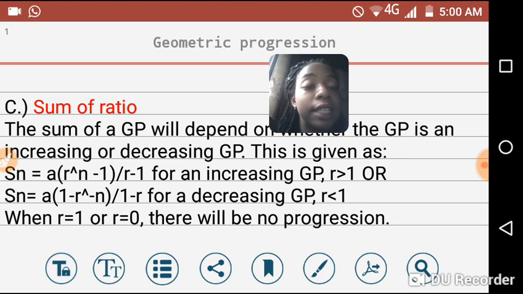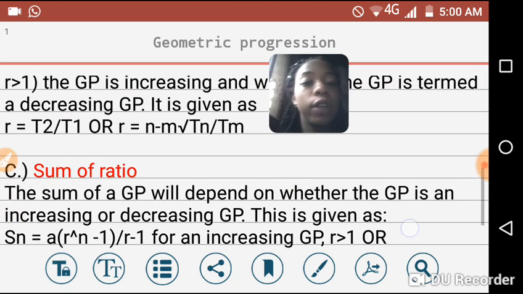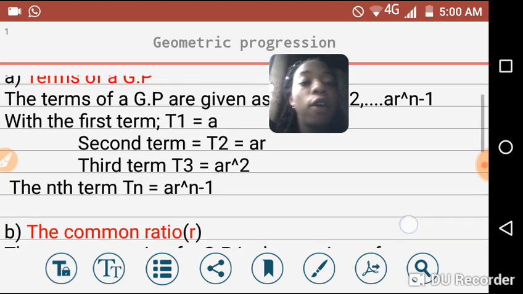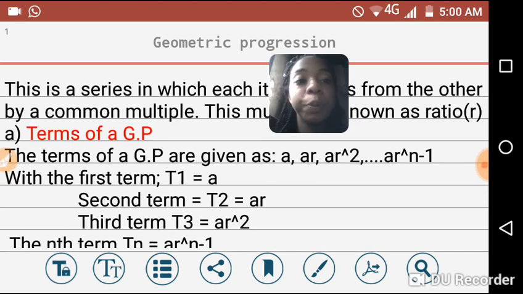That is when R is less than 1. When R is equal to 1 or R is equal to 0, there will be no progression. Take note of that. Now that's the summary of a geometric progression.